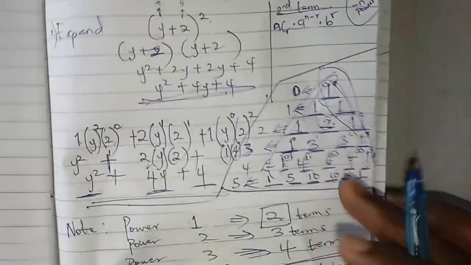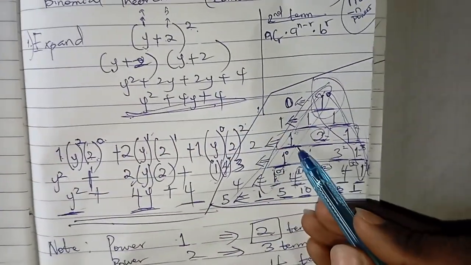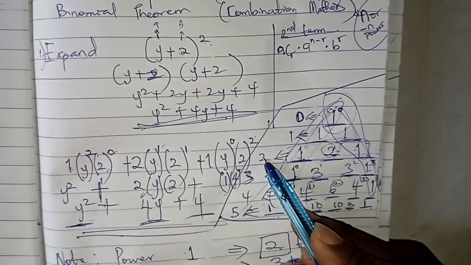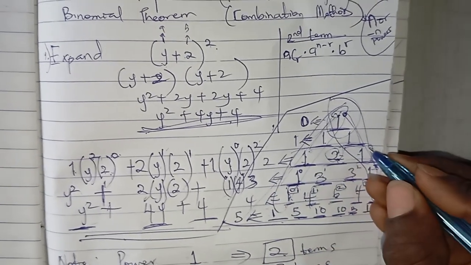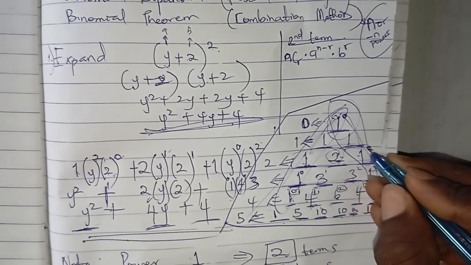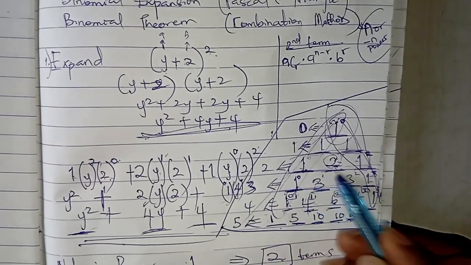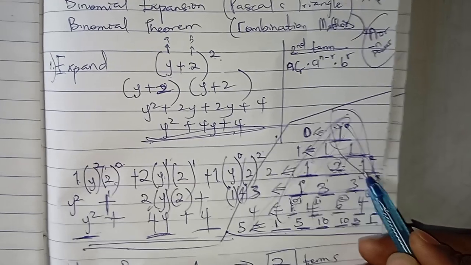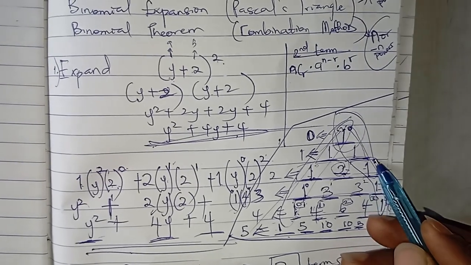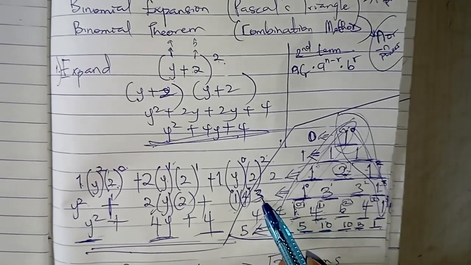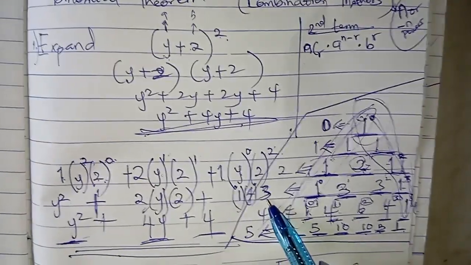See right here, let's say I have this 1, 2. That is when n is 2. And they say I should find the last term. Notice that r now will be here. See, 1, 2, 3. The third term, that is 3 minus 1, is going to be equal to this power, which is 2. Let's come to this when I'm giving power to be 3.